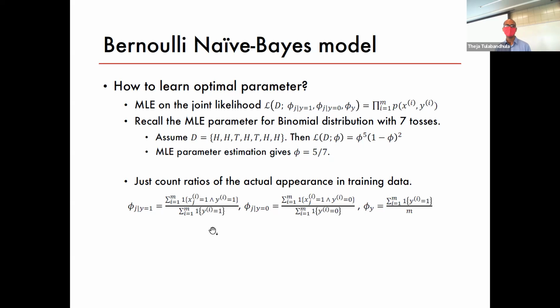So it's just counting and normalizing. Under spam, how many times did this word appear? Then that will be the parameter for that word under spam. Similarly, under regular, how many times did that word appear in proportion to the number of regular examples would be the parameter for that word under the regular class. And then the class proportion, I just said, is exactly like this. This is the count. Any questions?